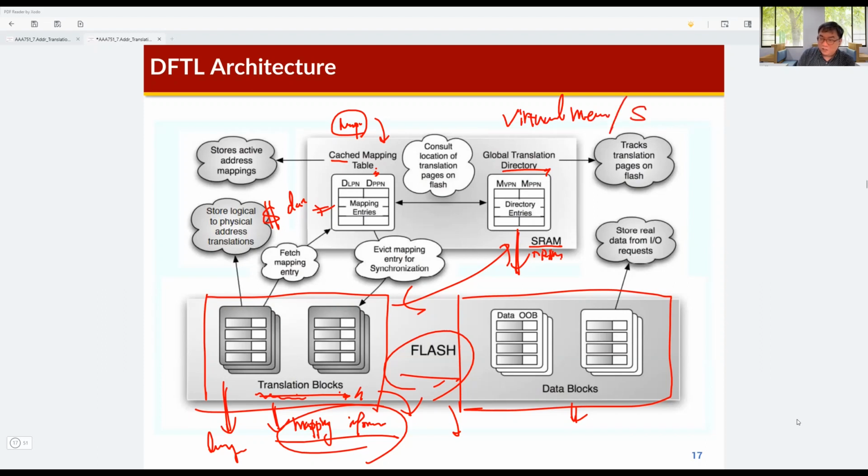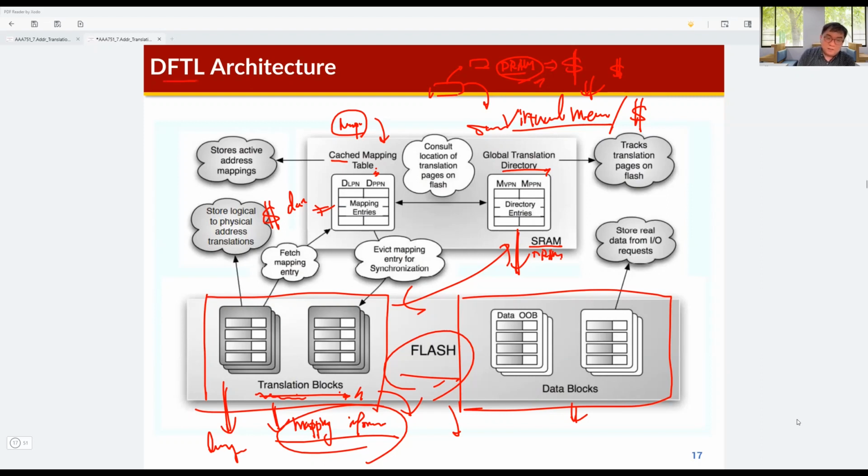And cache. Actually, virtual memory uses the caching mechanism. So some part of a page is stored in the storage, and some part of a page is stored in the DRAM. So the main idea of virtual memory is to use DRAM space like a cache.